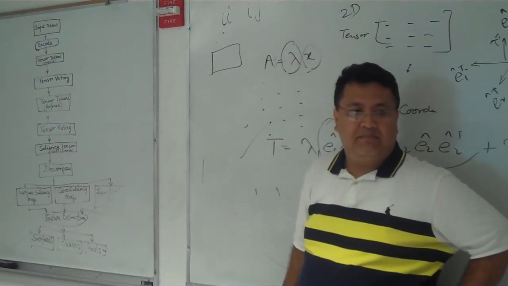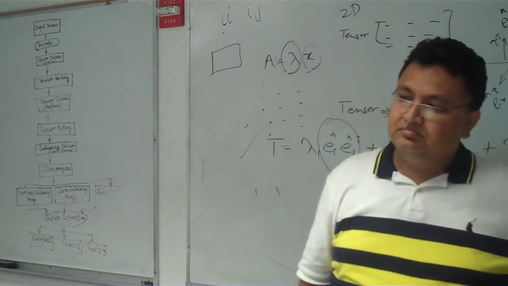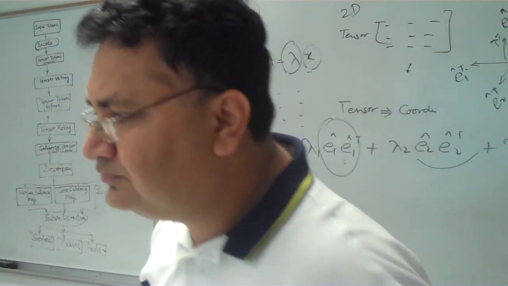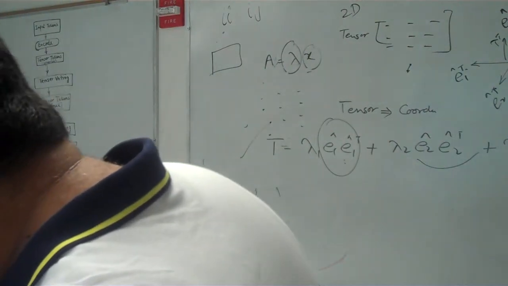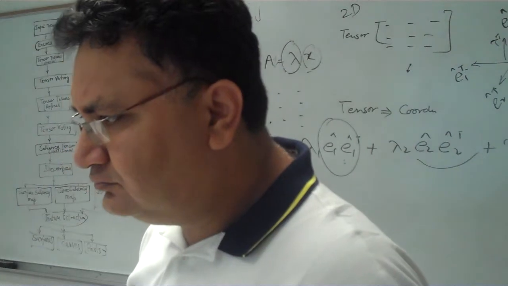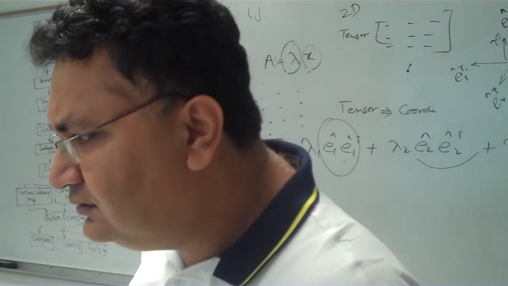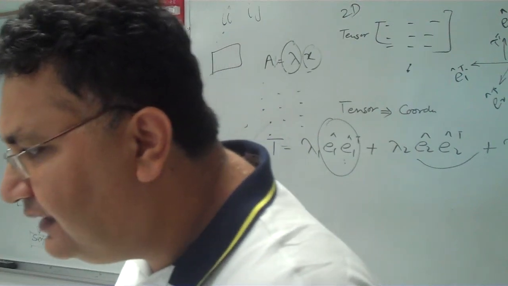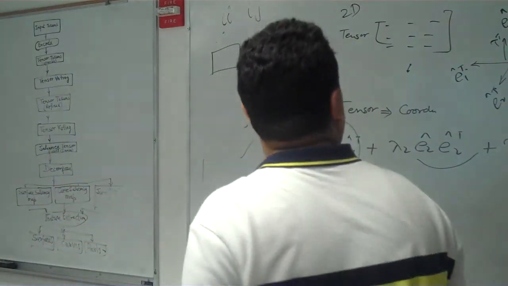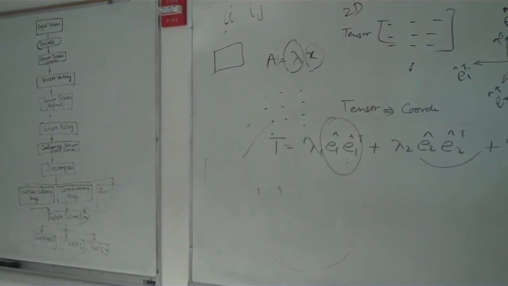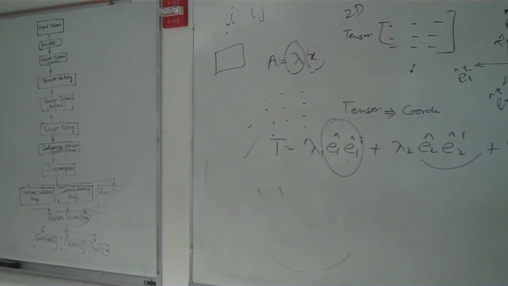So the question is about how to calculate the magnitude of a tensor and the trace of a tensor. It's similar to Frobenius. Do you want to put these equations on the board? Half, tau transpose, tau.